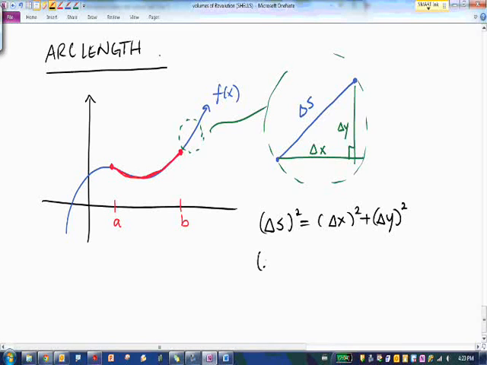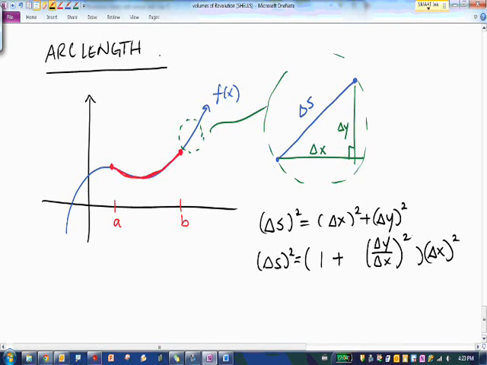So I'm going to do a little bit of algebraic manipulation to get this in a certain form. I'm going to factor out a delta x quantity squared from the right side. If I factor it out of the first term, delta x squared over delta x squared is just 1, plus if I factor it out of the second term, that turns into delta y over delta x quantity squared.